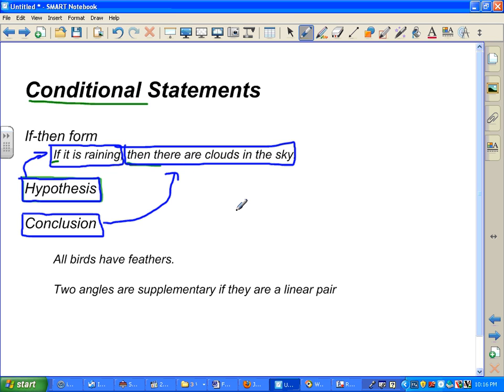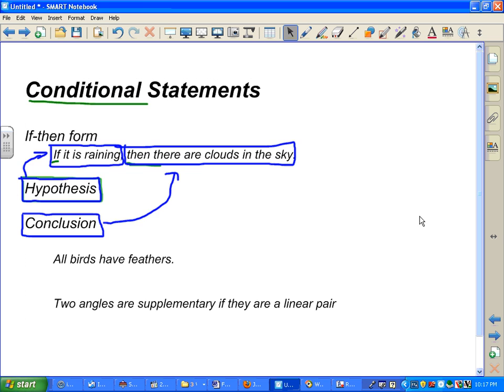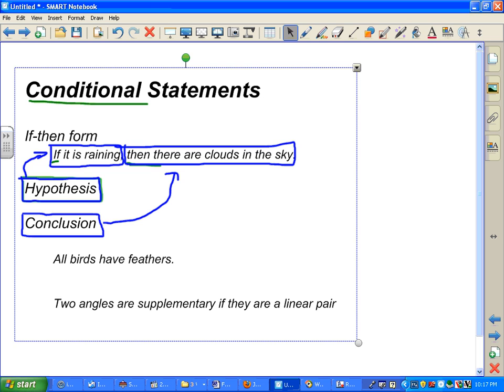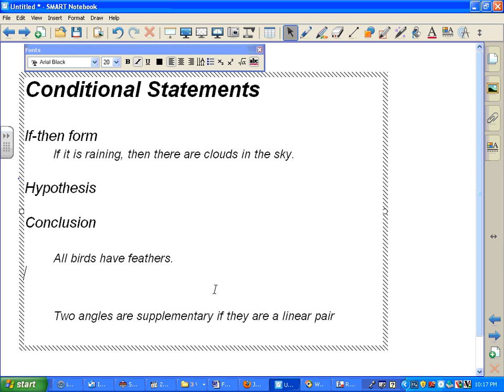Now the next thing we have to do is talk about how to write a conditional statement. Let's take a look at these two statements. All birds have feathers. How would we make this into an if-then?